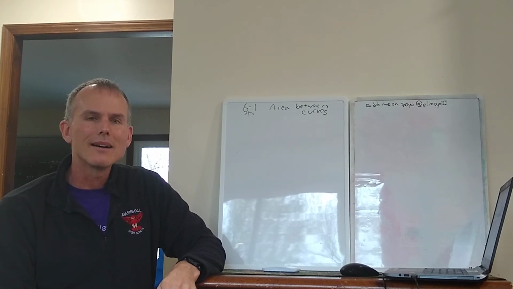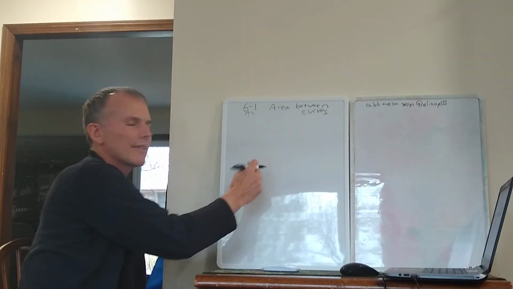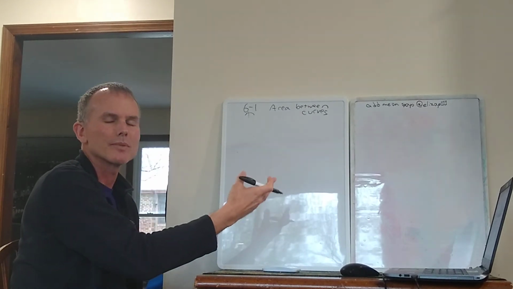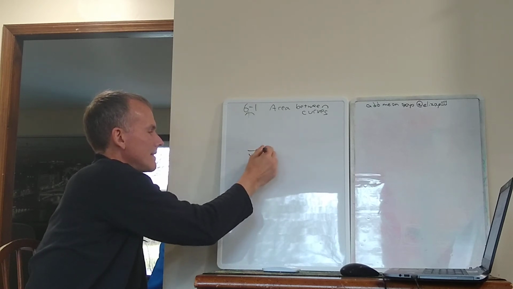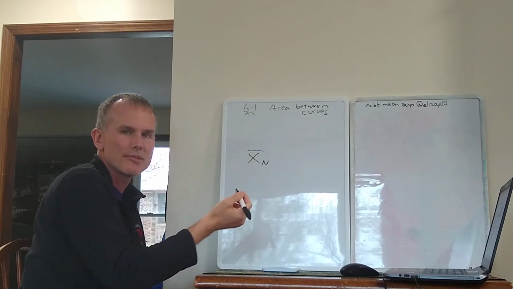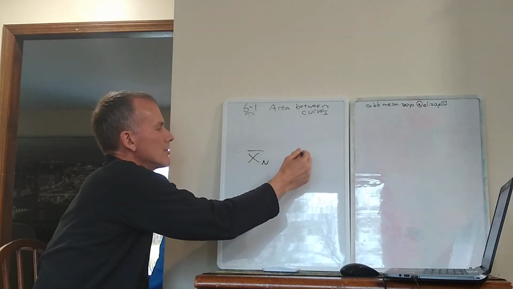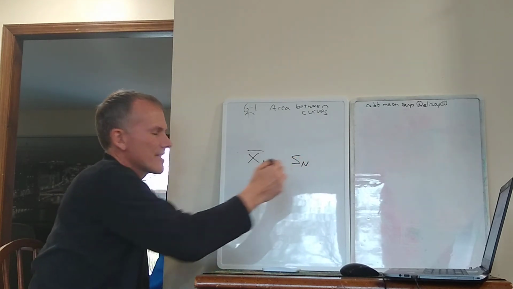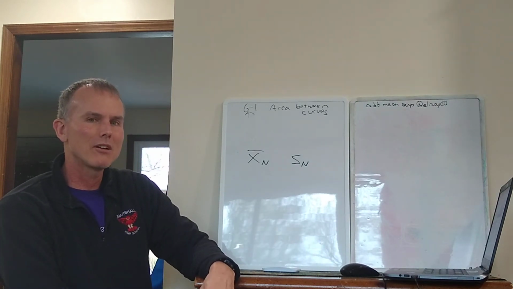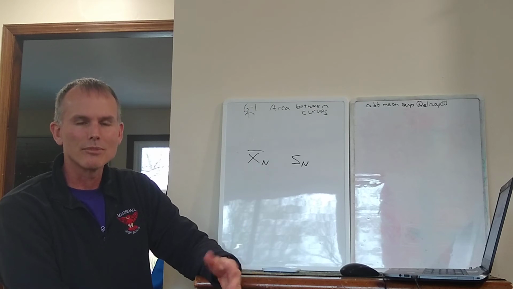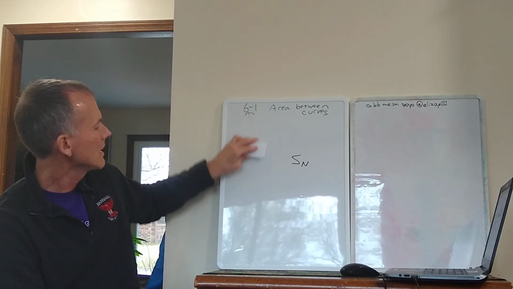I should say, by the way, when we're talking about sample statistics, if I want to talk about the sample mean for a new drug, I'd use x bar sub n. If I wanted to talk about the sample standard deviation for a new drug, I'd use s sub n, etc. So we'll have a lot of notation, but it'll all be distinguishable and identifiable by the subscripts that we use.